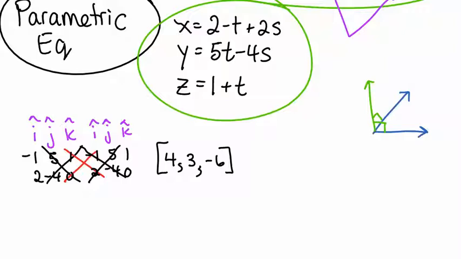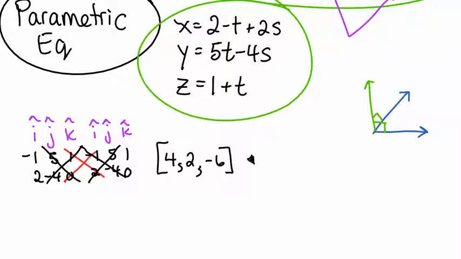Then we got 2 minus 0. I messed that up. That should be 2. 2 minus nothing is 2. Then 4 minus 10 is -6. Okay, awesome. That's our cross product.